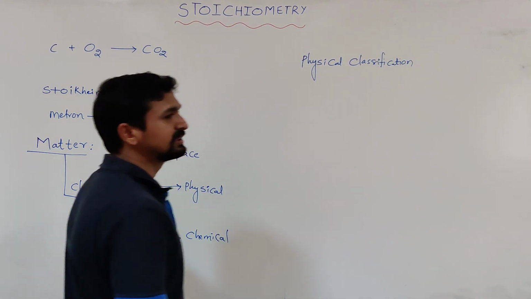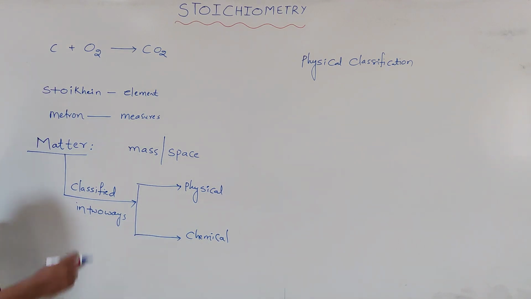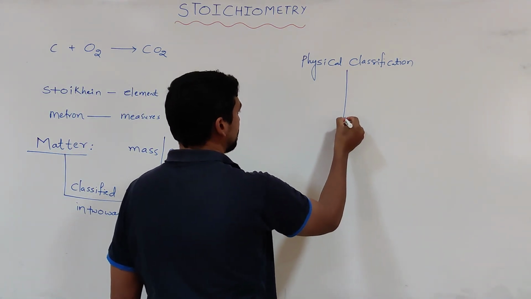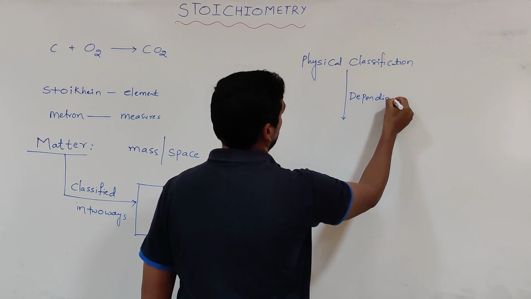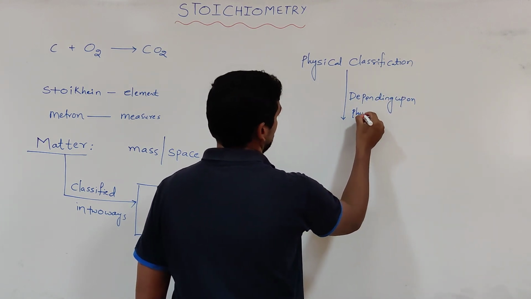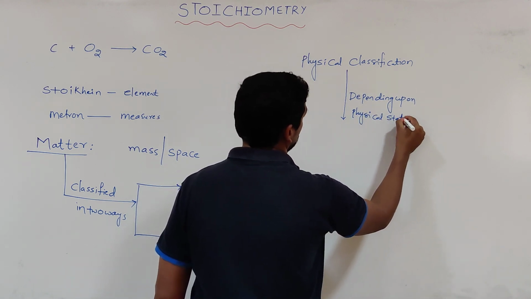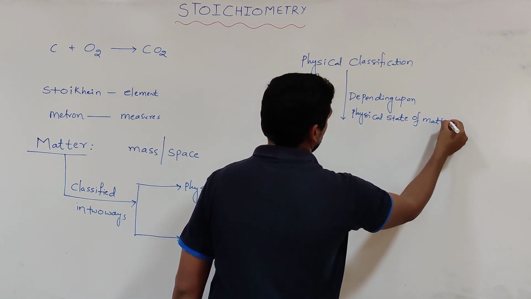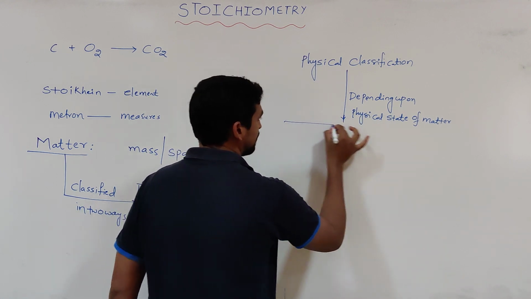In the physical classification, depending upon the physical state of matter, the matter can be classified into three types.